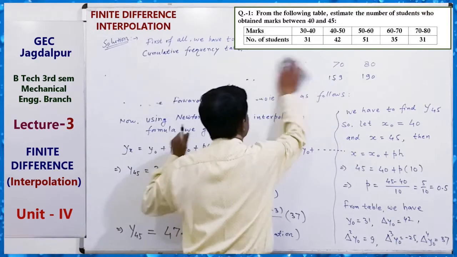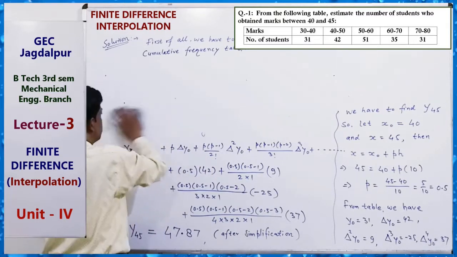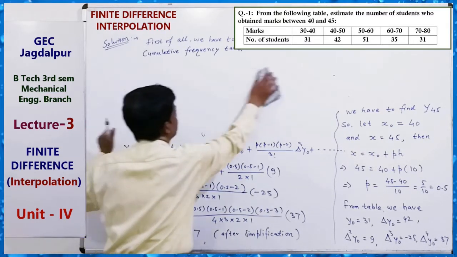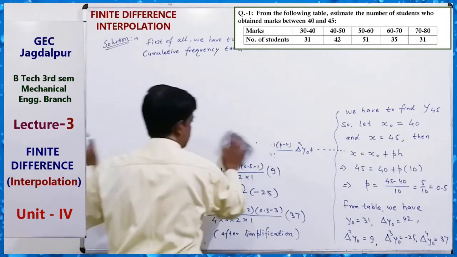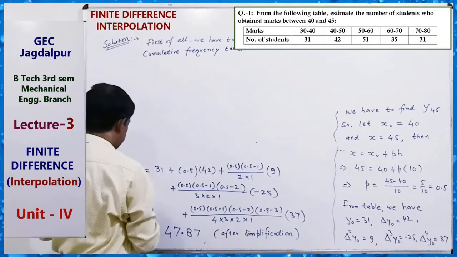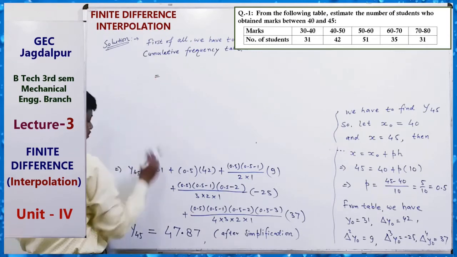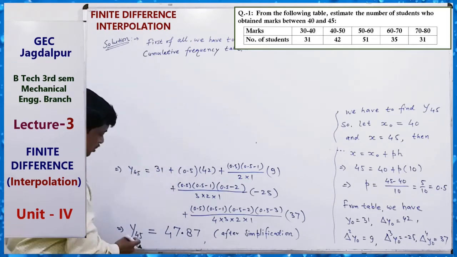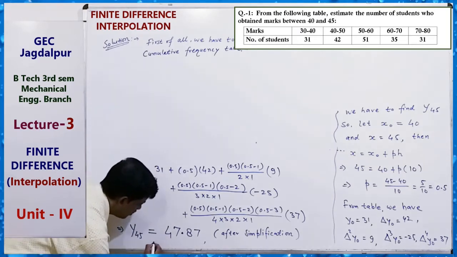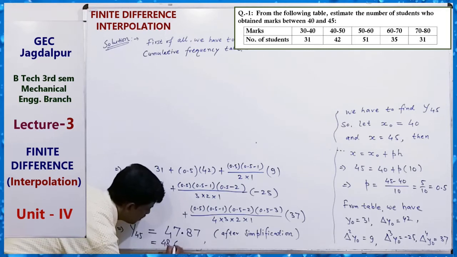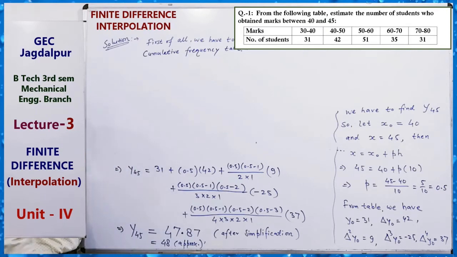We have to find the number of students getting marks between 40 and 45. Okay, so from table, y45 equals to this. Here this can be written 48 approximate, 48.